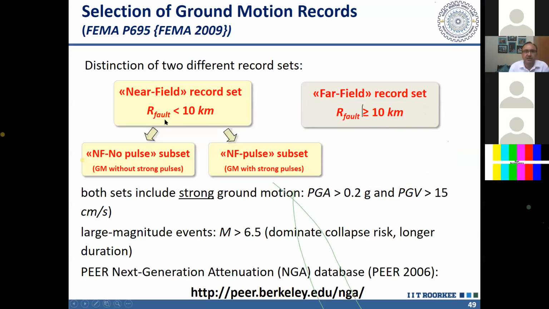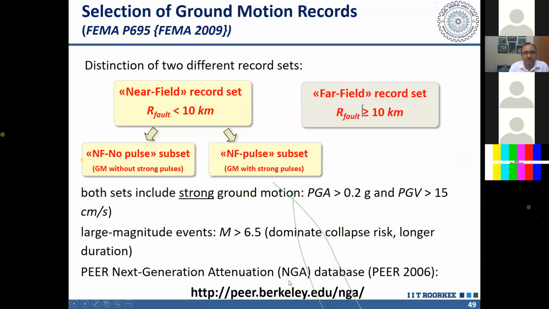And then in near field records, there is a phenomenon which we call pulse or fling. So there are again two sets there, one with pulse and another one without any pulse. So you can download these, and these time histories as well as other time histories are available on several websites.